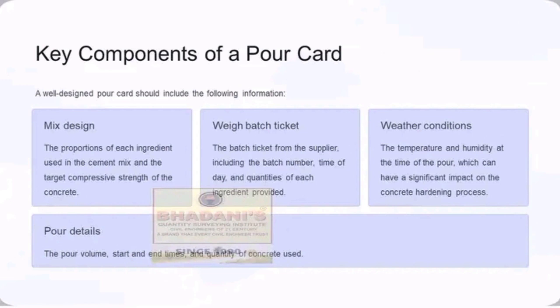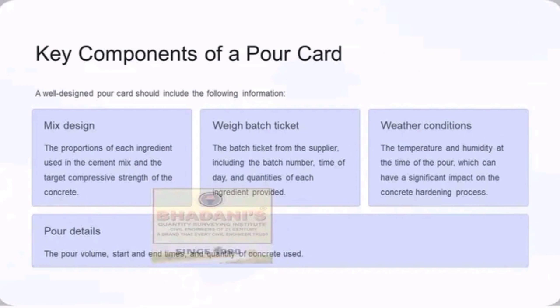So another component of a POA card is the weigh batch ticket. What is a weigh batch ticket? The batch ticket from the supplier, including the batch number, time of day, and quantities of each ingredient provided. This is always the case where concrete is prepared somewhere else, then brought to the site for pouring.